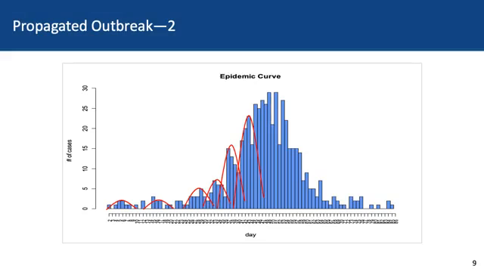First, you'll notice we have a sort of bell-shaped curve with a slow increase in the number of cases followed by a slow decrease in the number of cases. If you look closely, you can also see that there are waves of infection embedded in this outbreak. Here I've highlighted them with these red curves.